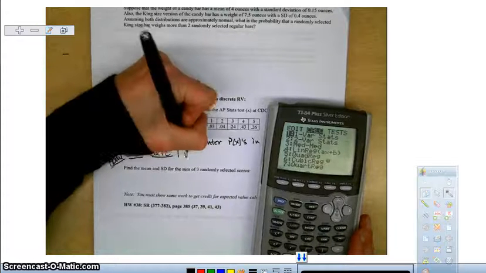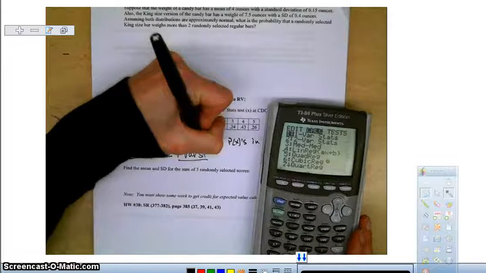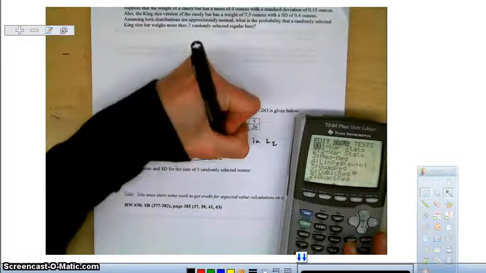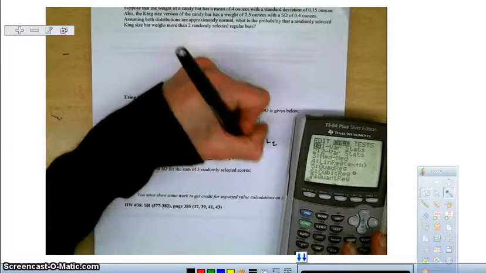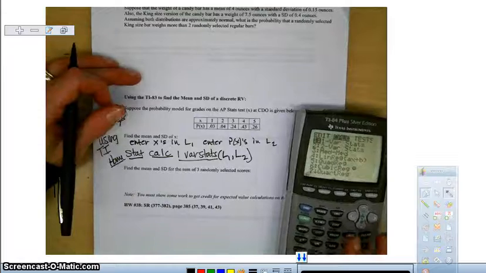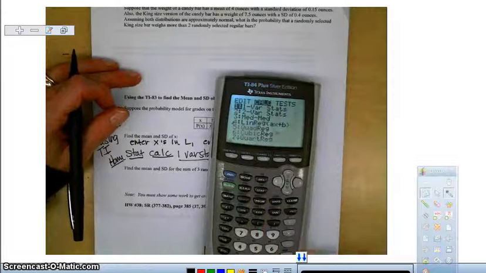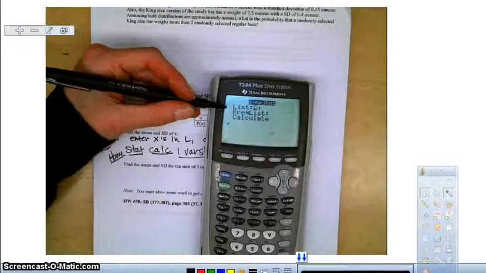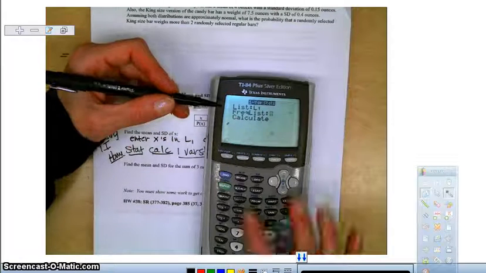I want to do it for list 1 and list 2, so one variable stats for list 1, comma, list 2. List 1 is the X list, list 2 is the frequency list.